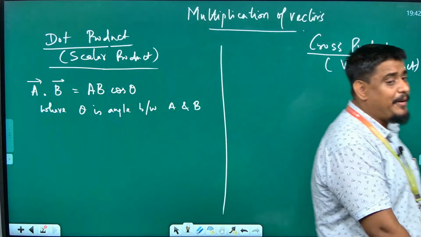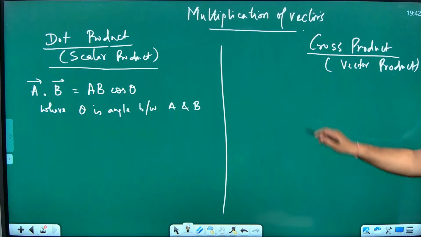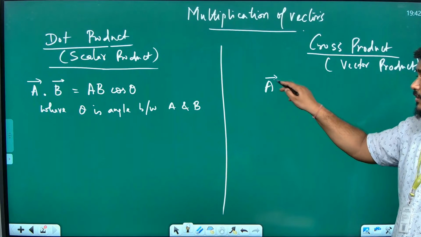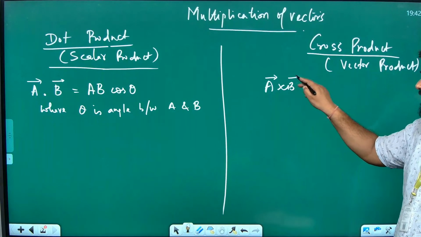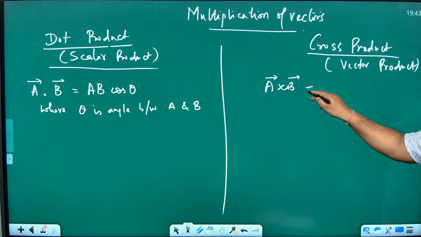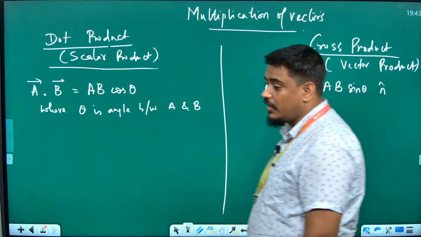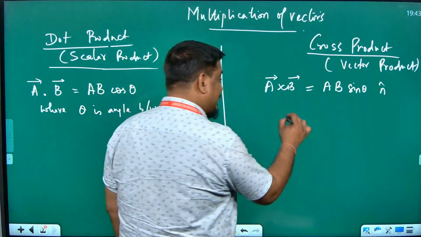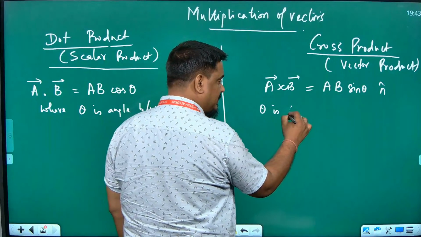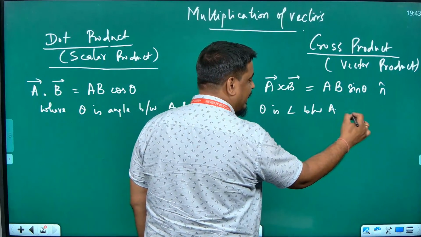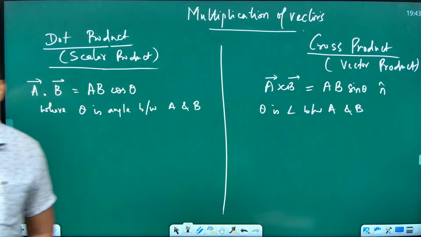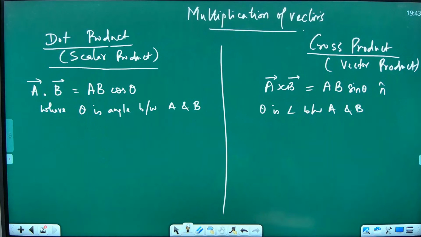If you multiply two vector quantities by using cross product, A vector cross B vector, then the result is magnitude of A into magnitude of B into sine theta into n cap, where theta is angle between A and B. And what is n cap?